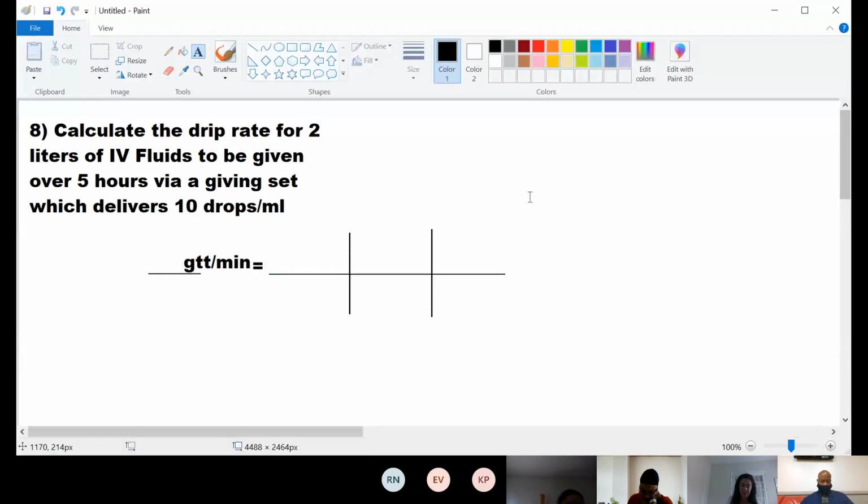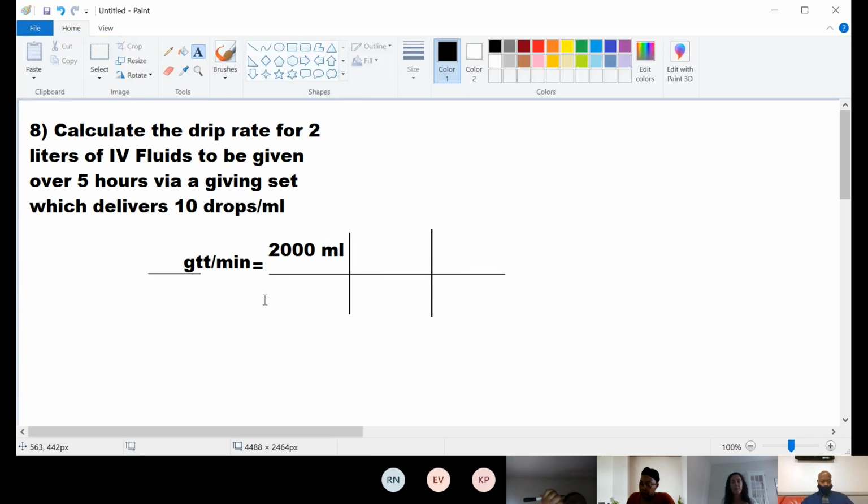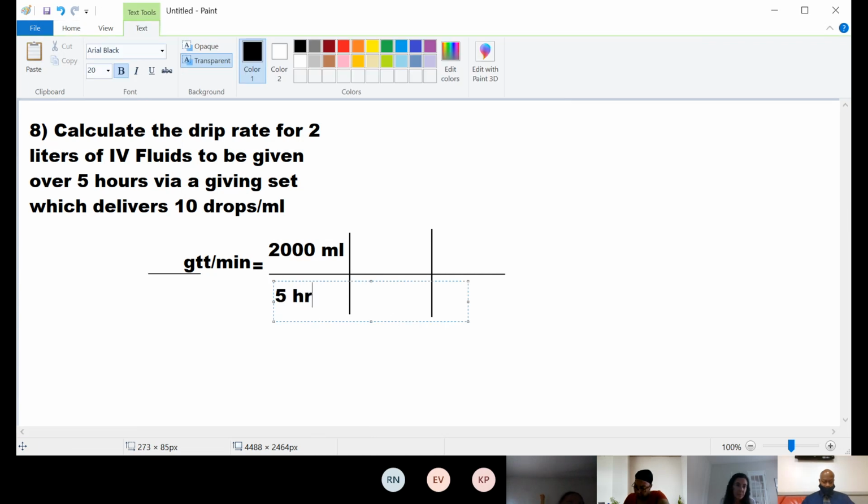That'll do. Okay, then, so 2 liters over 5 hours. Yeah, so we can make that 2,000 mLs and put that over the time frame of 5 hours.